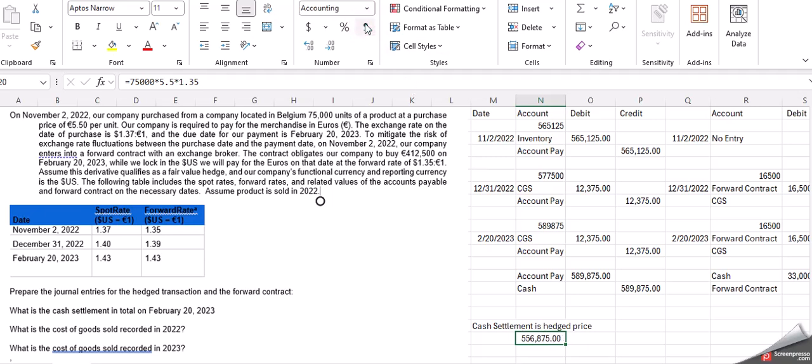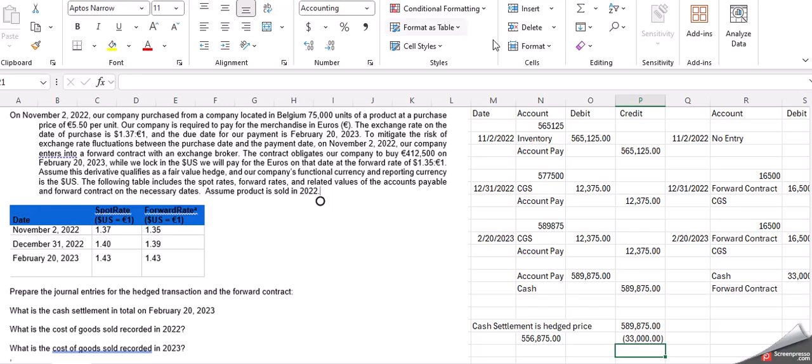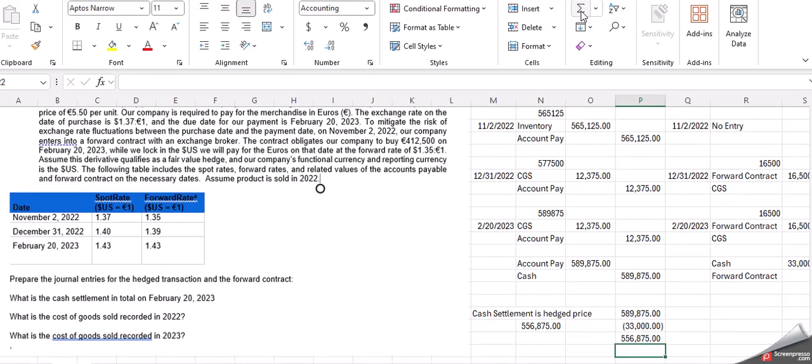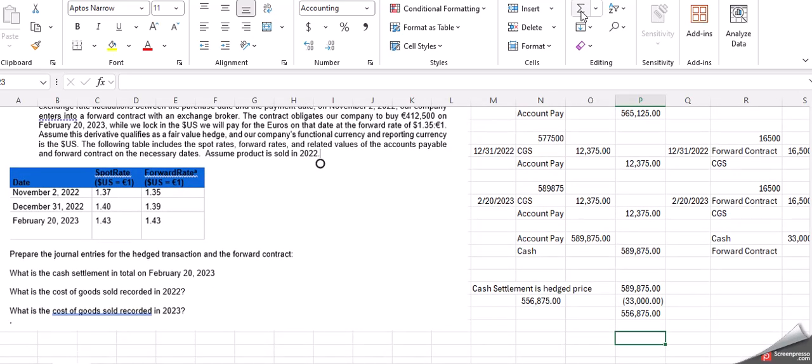That's what I know I'm going to pay when I hedge it or enter that forward contract. If you want to look at your cash, look above, 589,875 less the 33,000 you got back from that broker, and you get the same answer. So whatever makes sense to you to get to that cash settlement price is what you're going to do.